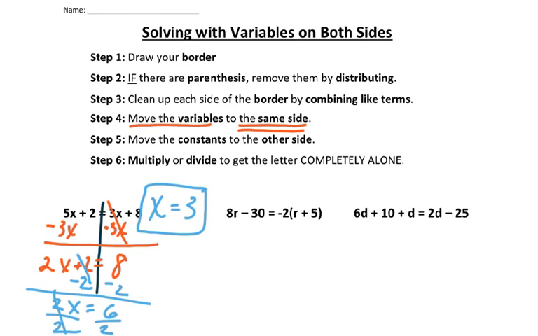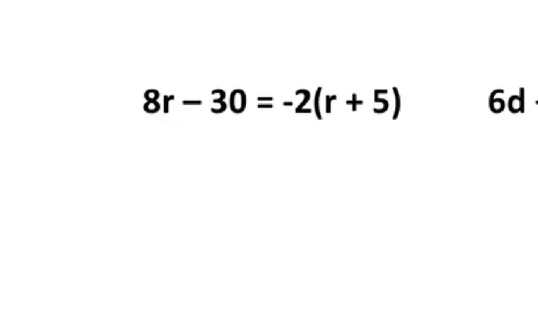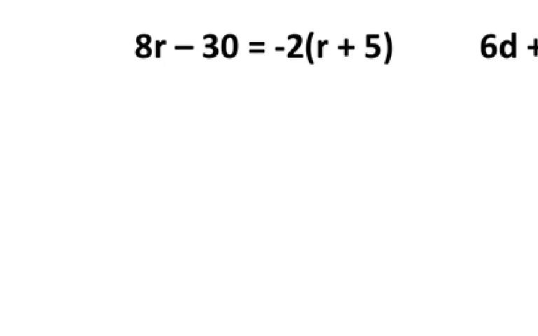So now I'm going to do the same thing for the second one here. Very easy. We're following the exact same steps. So step 1, it said draw a border. Step 2 said if you have parentheses, we need to remove them by distributing.